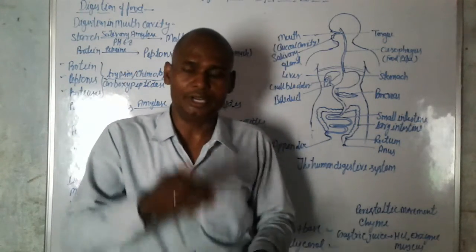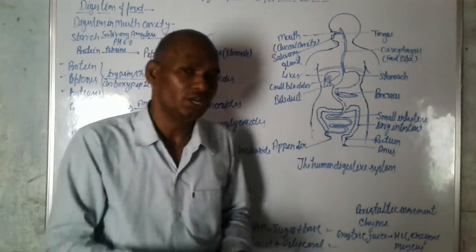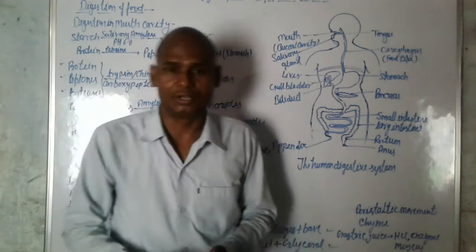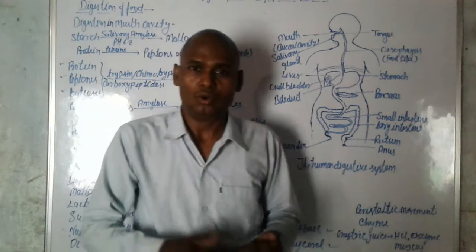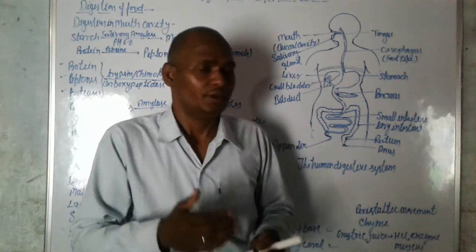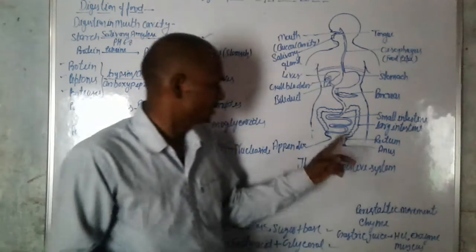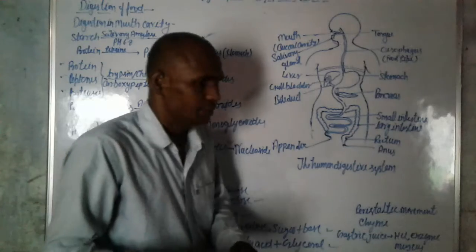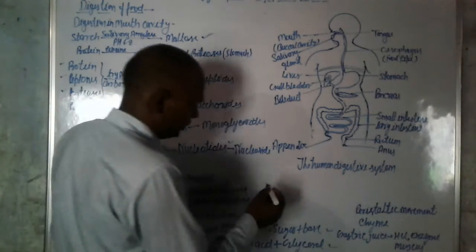So we get amino acid and glucose, and also fatty acid and glycerol. These are the digested materials, and they are absorbed by the small intestine.